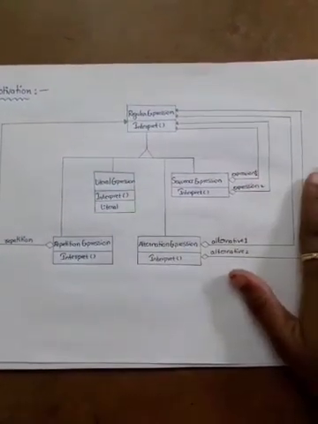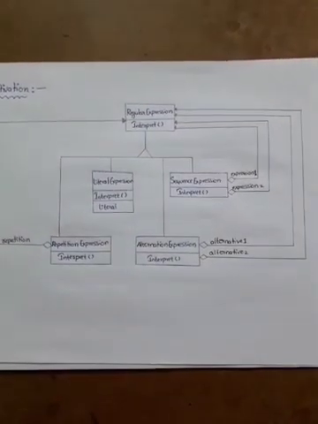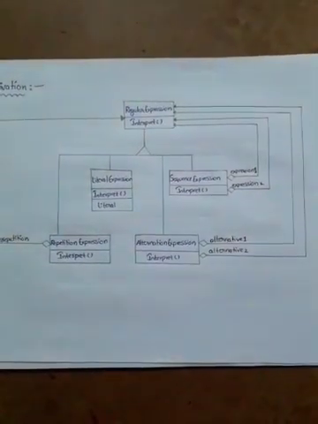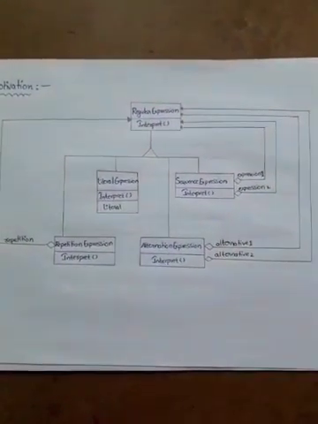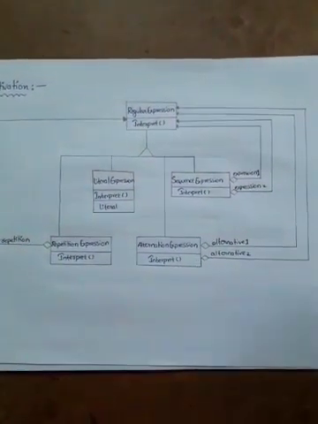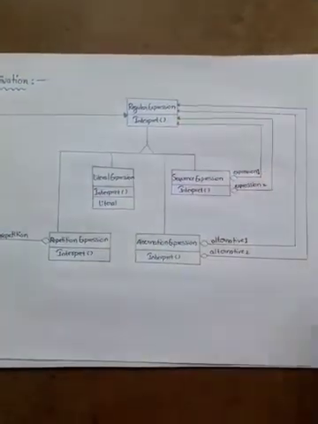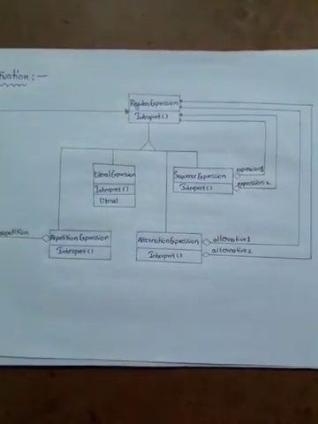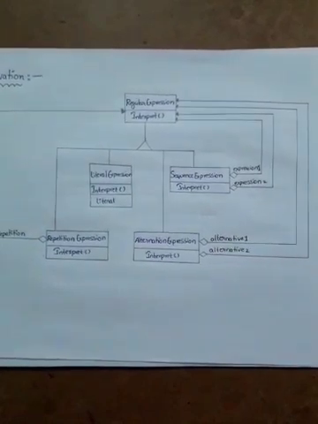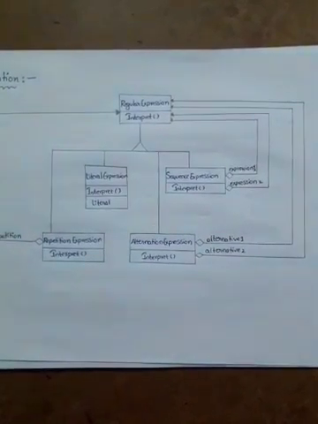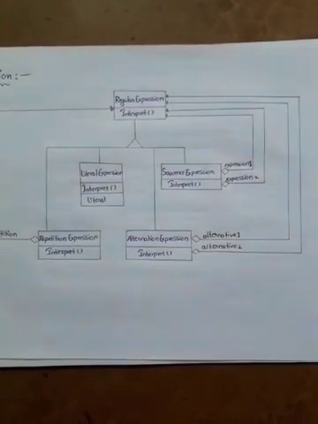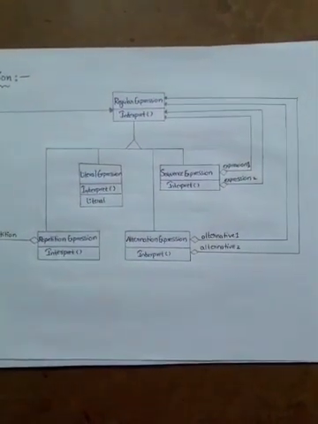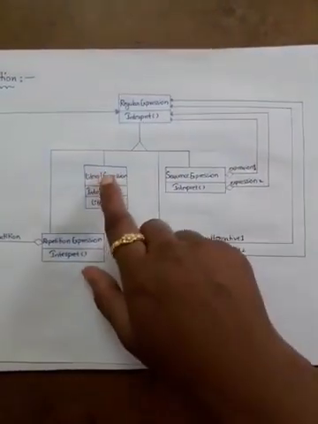In this we have 5 classes. We are representing here 5 classes: an abstract class, that is the regular expression, and its subclasses, which are 4. Those are the literal expression, alternation expression, sequence expression, and repetition expression.